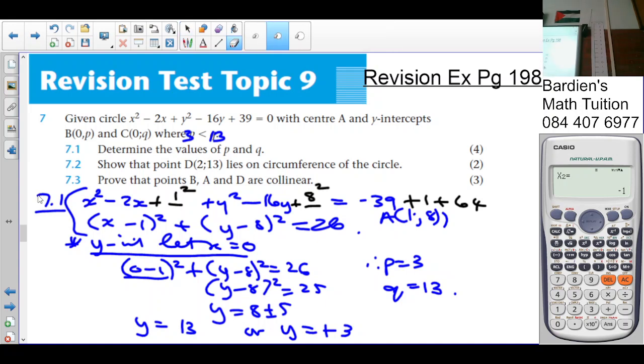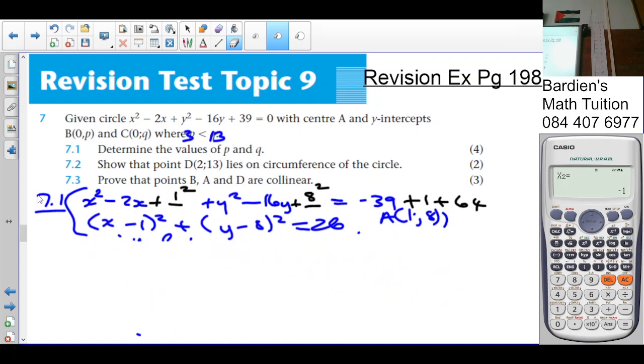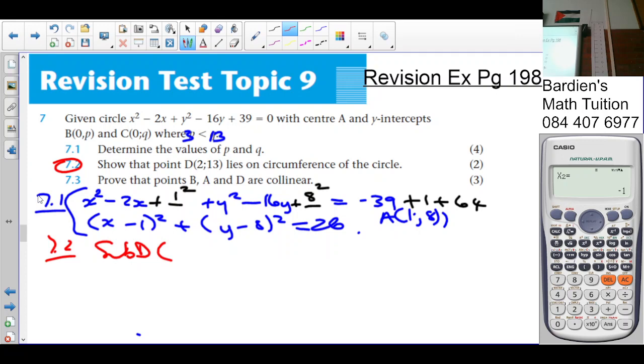Then the question says, in 7.2, we are told to show that the point D lies on the circumference of the circle. So what we do is we substitute D into the left hand side of the circle equation.